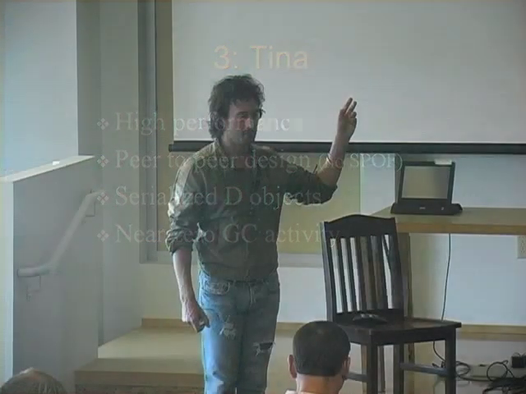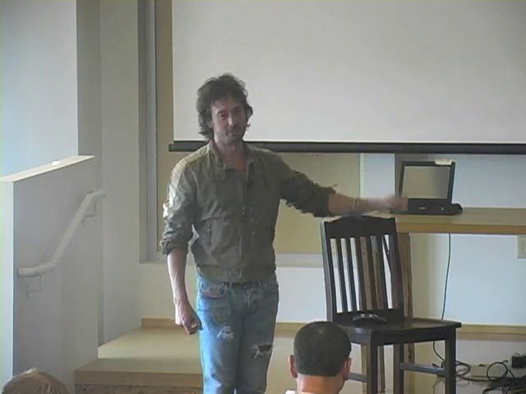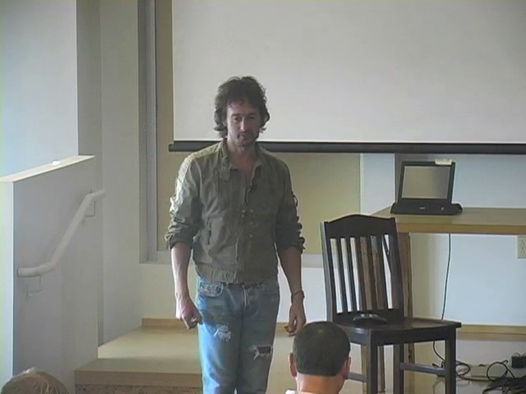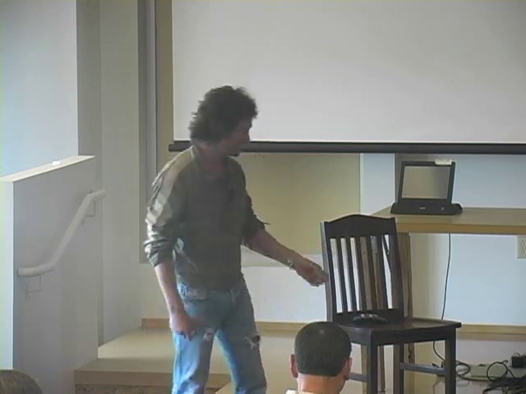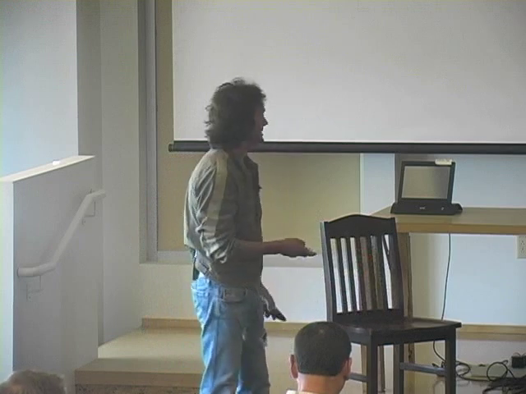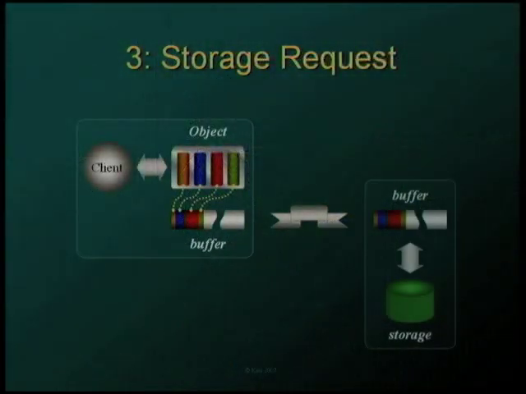But the point is that the implementation for Tina has nearly zero GC activity going on because it uses slices. Big surprise there, right? And the currency, of course, that it uses is serialized D objects. And I'll try to demonstrate some of that going here.